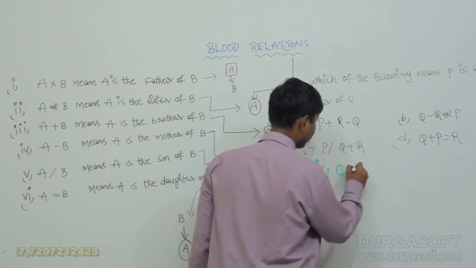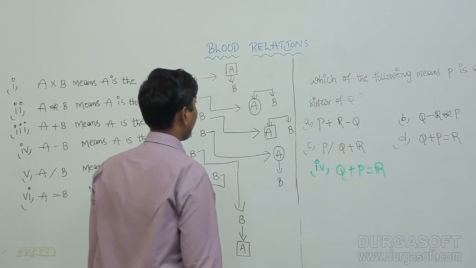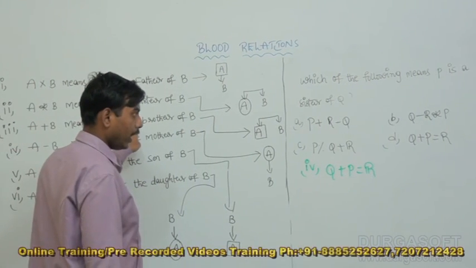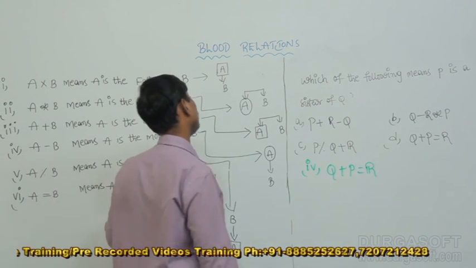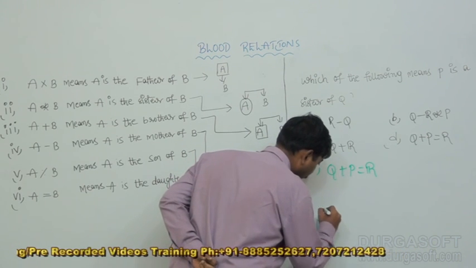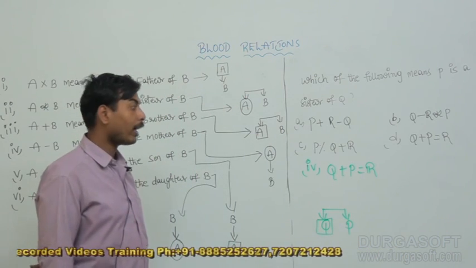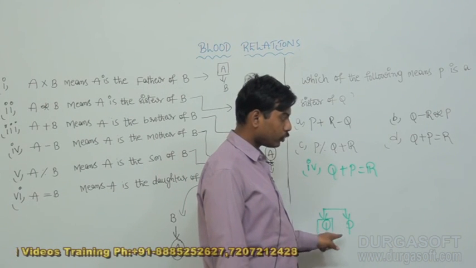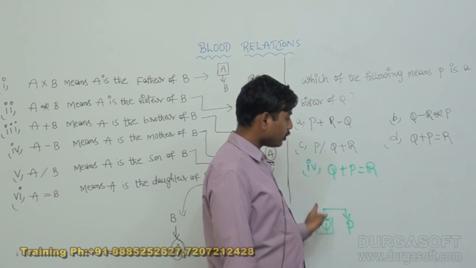Yes, Q plus P equals R. Already we know A plus B means A is the brother of B. In the same manner, Q plus P means Q is the brother of P, so Q and P are both in the same generation.